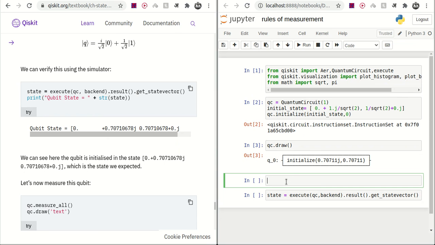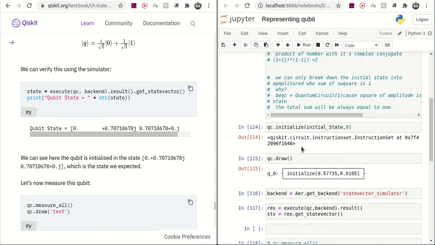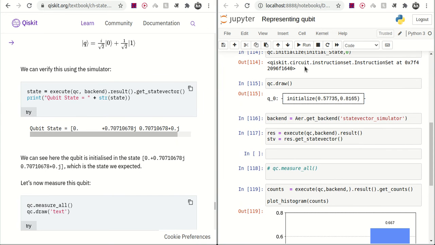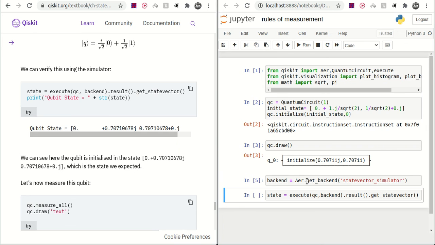So we first define the backend: backend equals Aer dot backend, state vector simulator. We run this.